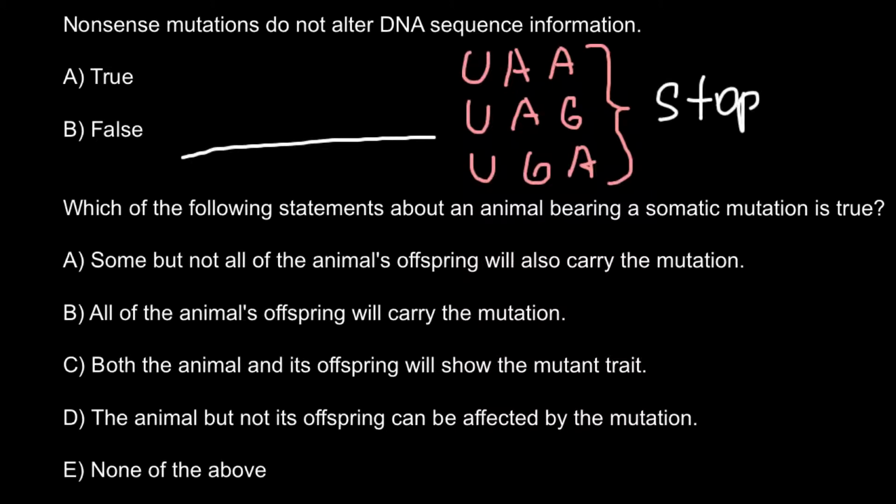So for example, if this would be normal messenger RNA, if we have a mutation here, so we would have any of these trinucleotides here, and of course that means that the messenger RNA would be shorter, and the protein that would be produced using such messenger RNA also would be shorter.